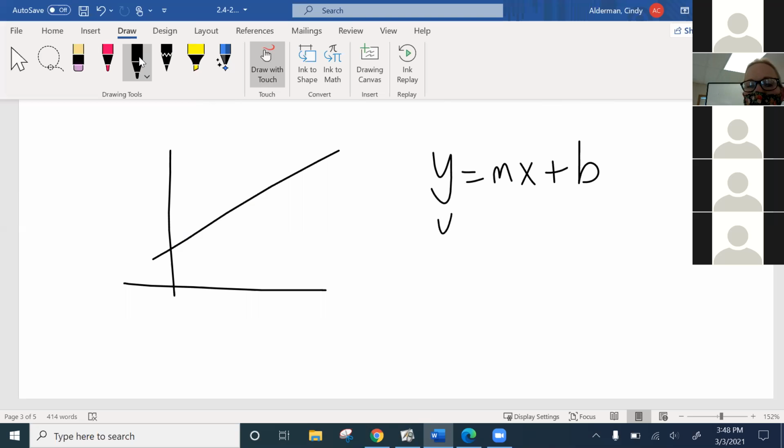Okay, so let's say this equation that we just did is y equals 2x plus, I don't know, 3. So what really is going on is this is slope, right? So we're going rise over run to get to our next point, right?